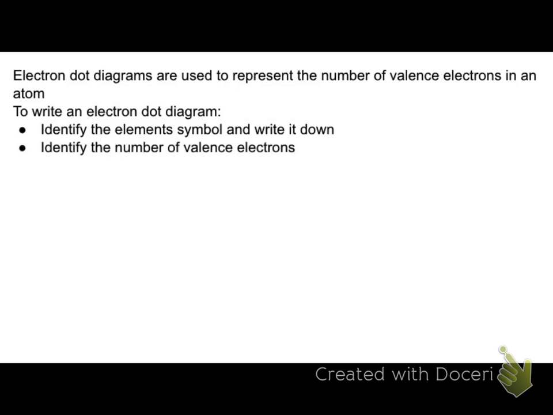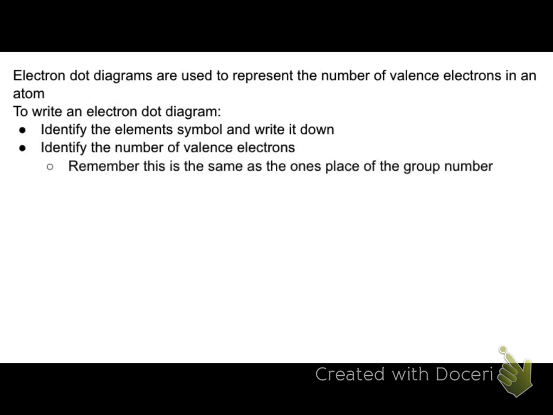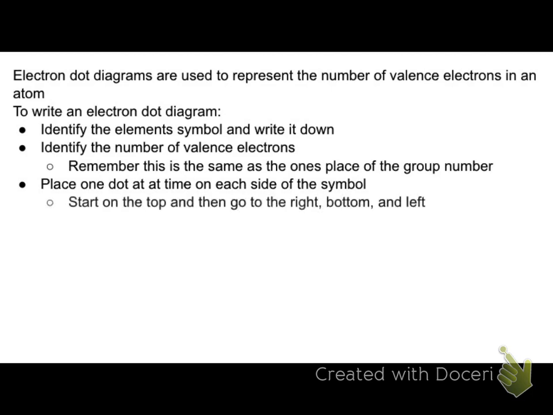Then you're going to identify the number of valence electrons. Remember, you can look at the ones place of the group number to identify this. Then you're going to take dots that represent the number of valence electrons and put them one at a time around the perimeter of the symbol. You're going to start on top or on the right if you prefer, and you're going to go counterclockwise.